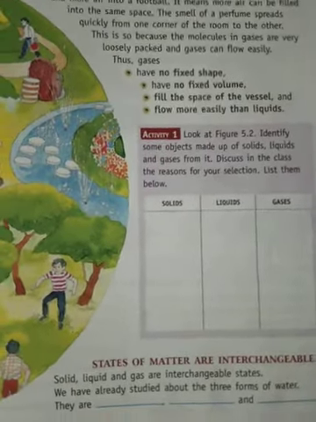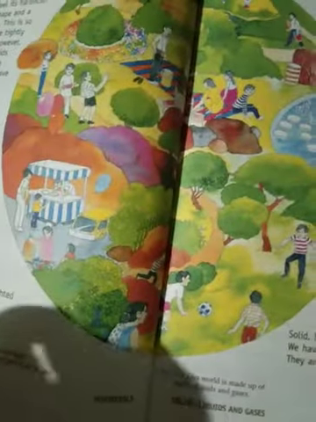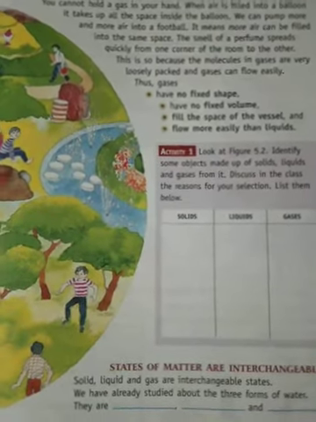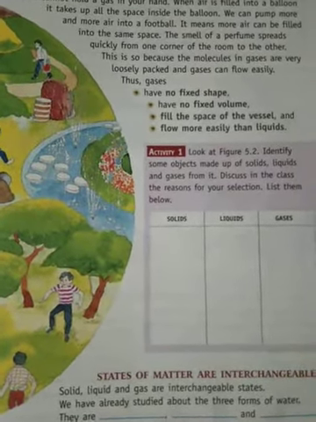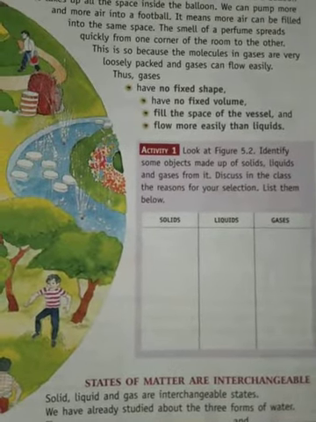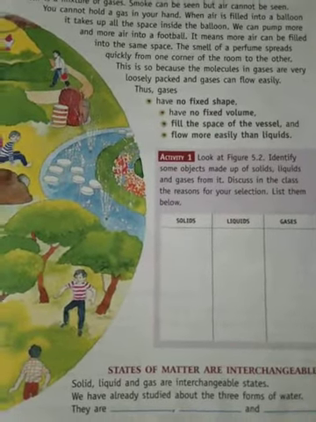So in activity 1, you have to look at figure 5.2. This is figure 5.2, and you are asked to list out the items under solids, writing water, solids, then liquid, then gases. It is your activity, so you read it quite elaborately.